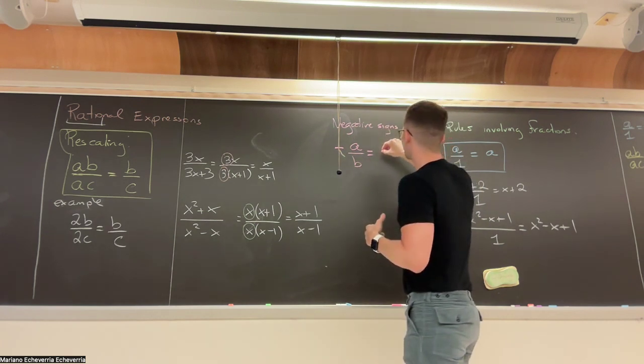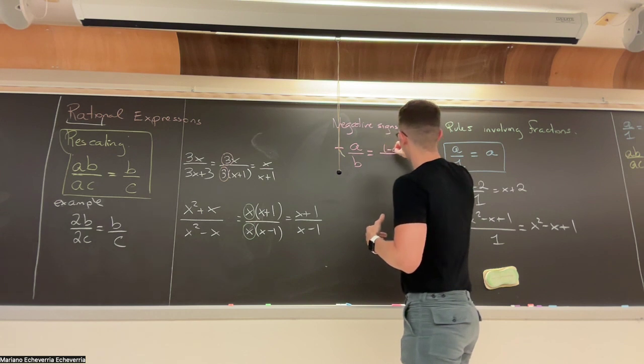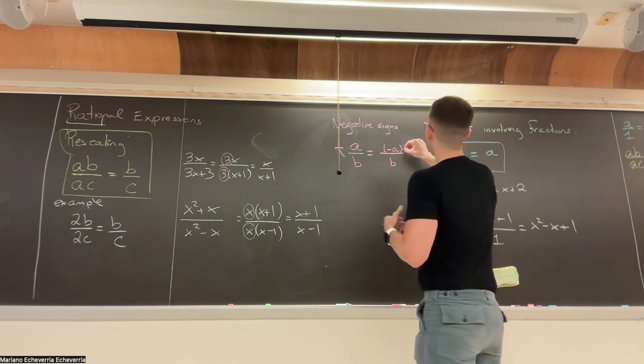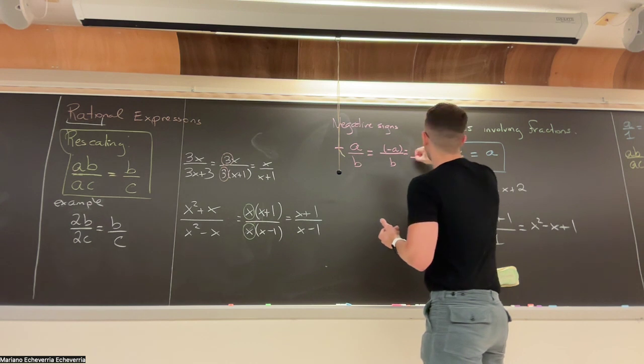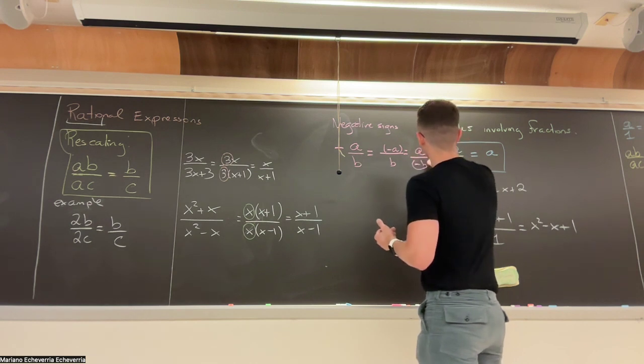So one way to think about it is negative A over B, but you can also think about it as A over negative B.